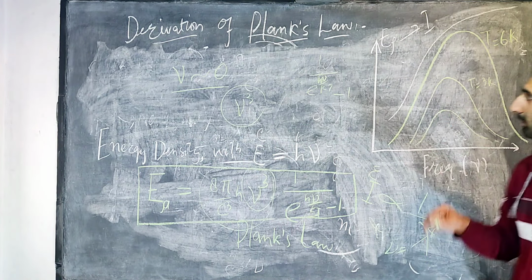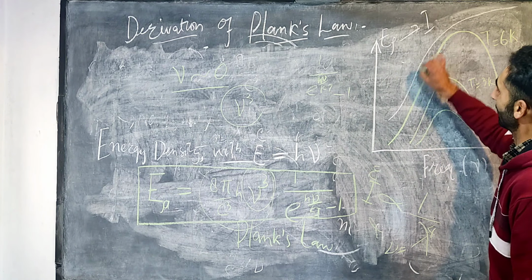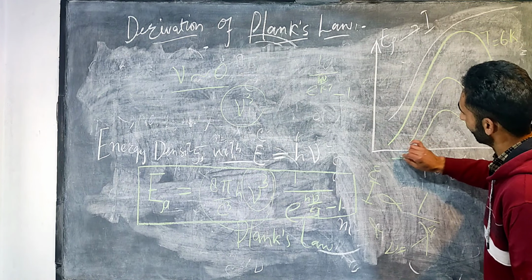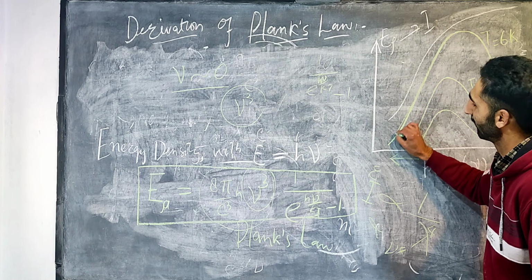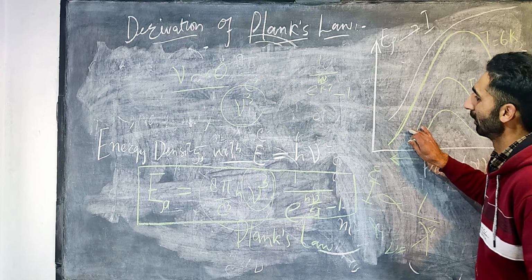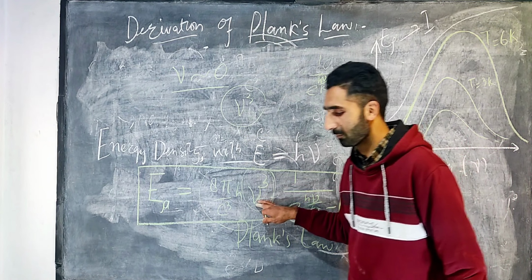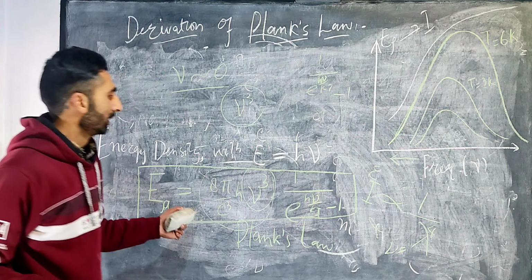This is seen from the experimental data also, because if we decrease the frequency, we see a decrease in the energy density also, which is in accordance with Planck's law.